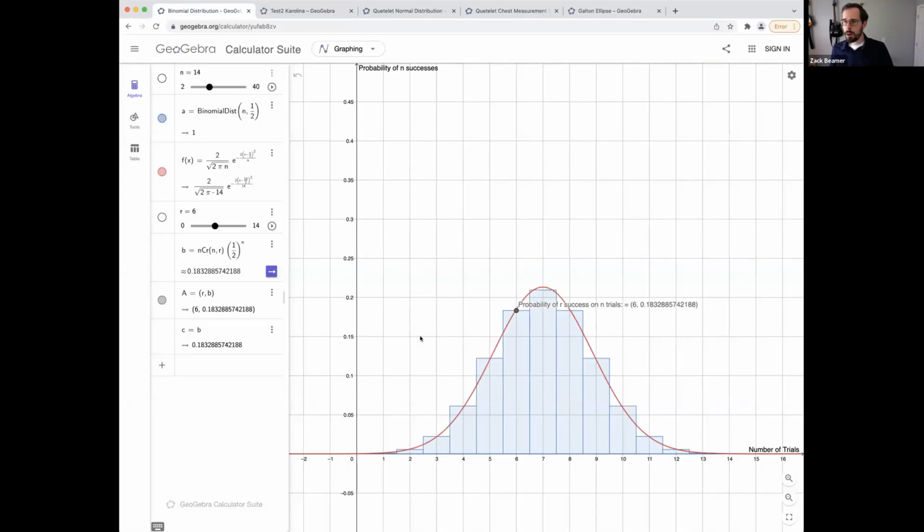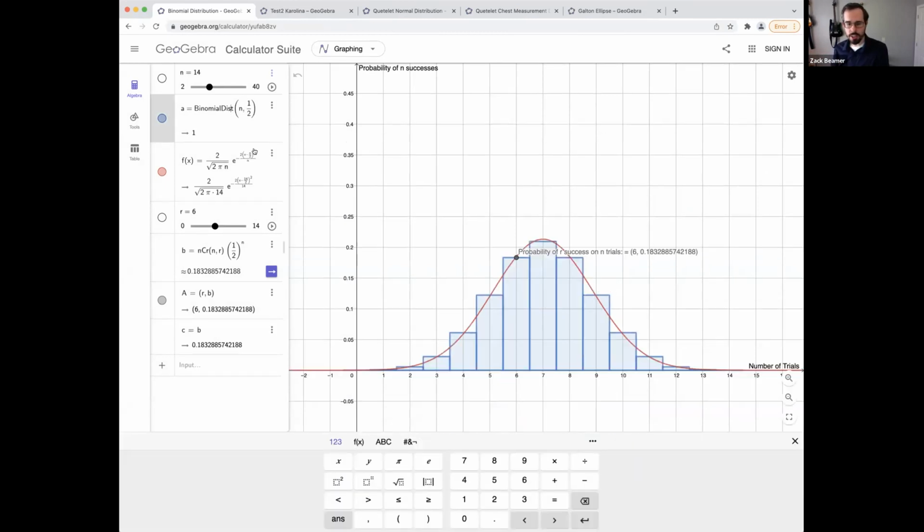So here I've built this thing. One of the great parts about GeoGebra, it has a lot of pre-built-in things. If you haven't played around with it, it's got some great functionality, much like the online calculator Desmos. One of the things that GeoGebra does is it can actually give you the whole binomial distribution. So I didn't really have to work hard at this one at all. It built this binomial distribution for me based on a certain number of trials. So let me separate out the curve that we know and love.